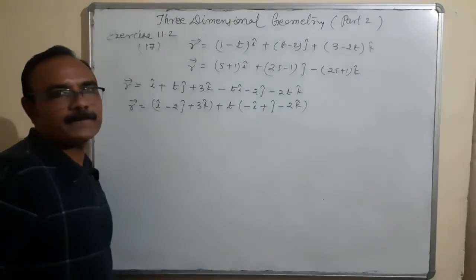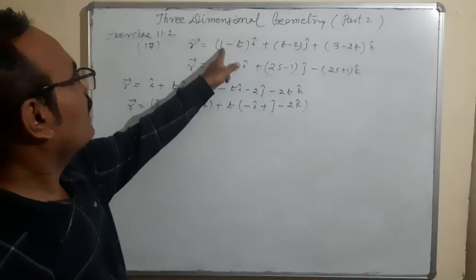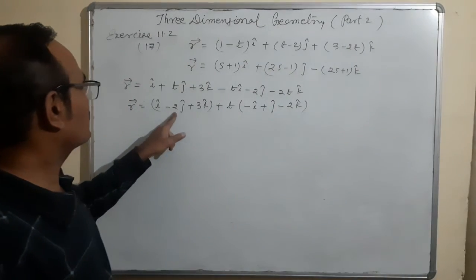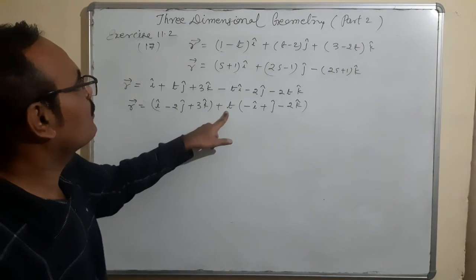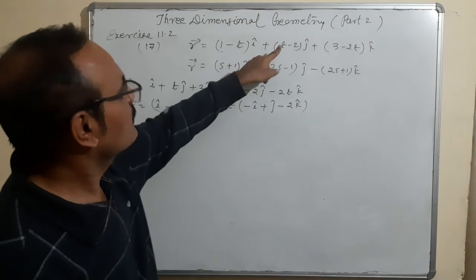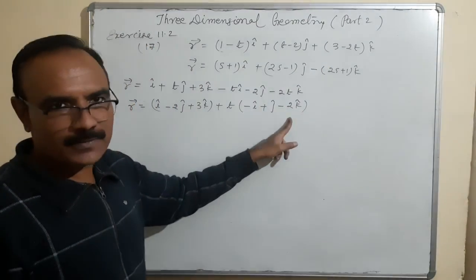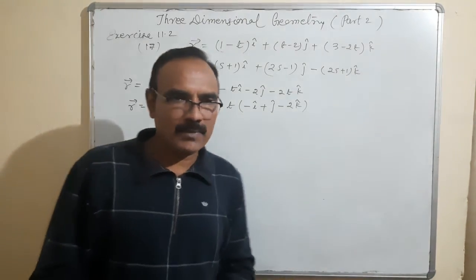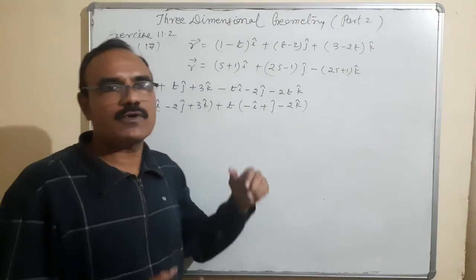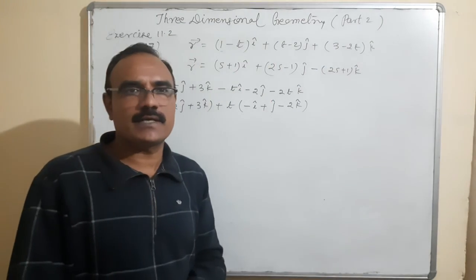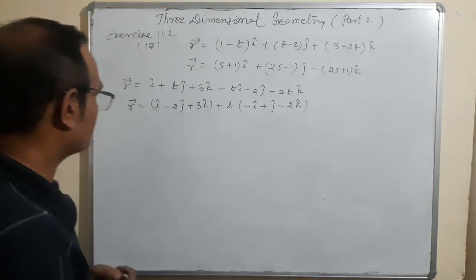See from here, i minus 2j plus 3k plus t times (minus i plus j minus 2k). It is in the standard form, because generally in the equation it is lambda and mu. Here it is in the form of t and s, and the equations are also not in the standard form. That's why I have selected this question for you.